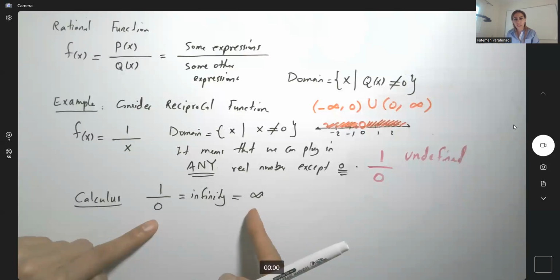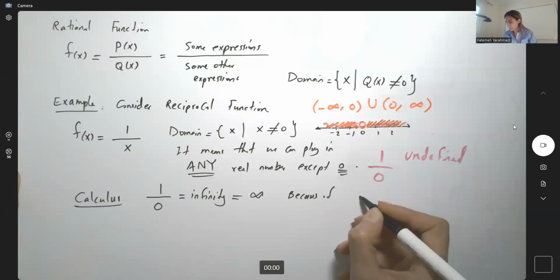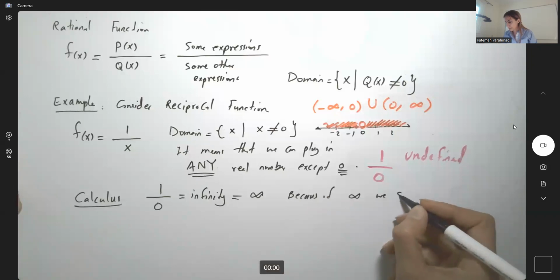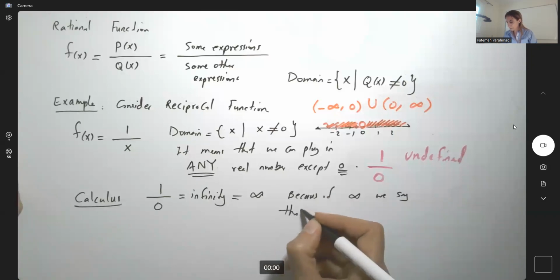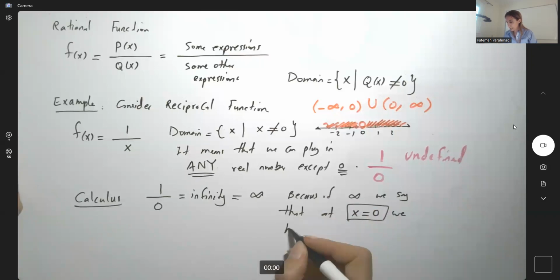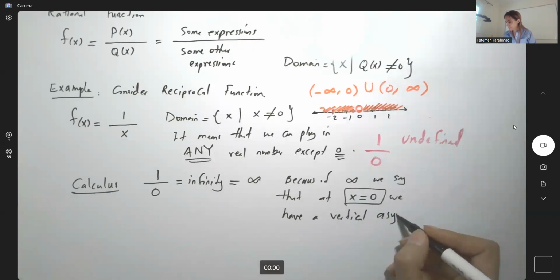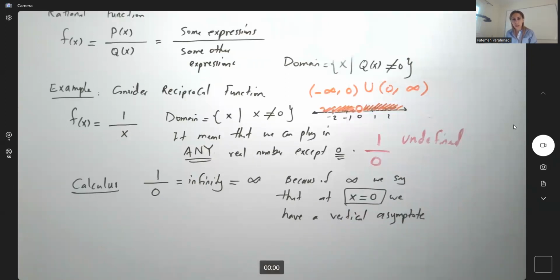This shows that I have a vertical asymptote. Because of infinity, we say that at x equal to 0, we have a vertical asymptote. A vertical asymptote divides the graph into 2 pieces in this case.